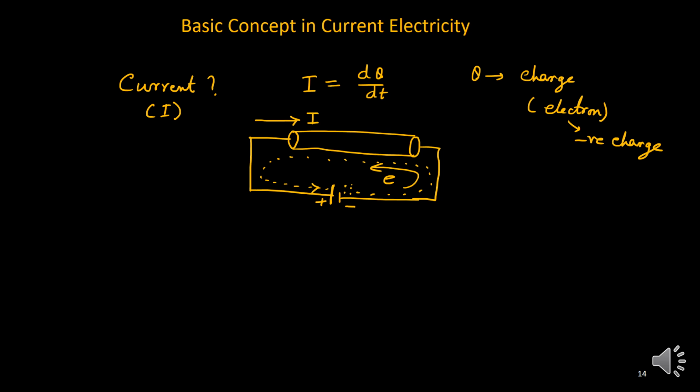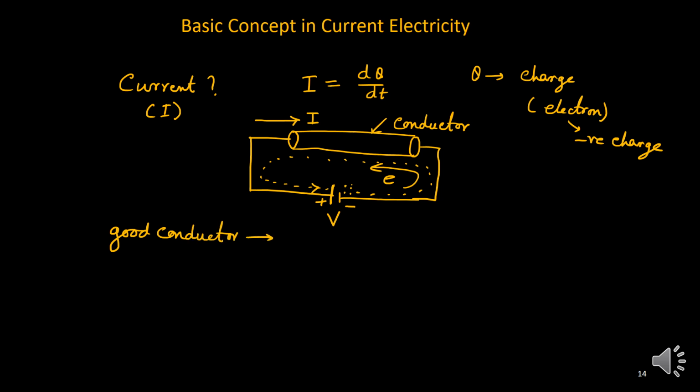If this potential is V, then we can have a certain current. This is your conductor through which current can flow. Now it depends on whether it is a good conductor or a bad conductor. If it is a good conductor, then we can expect a larger current.